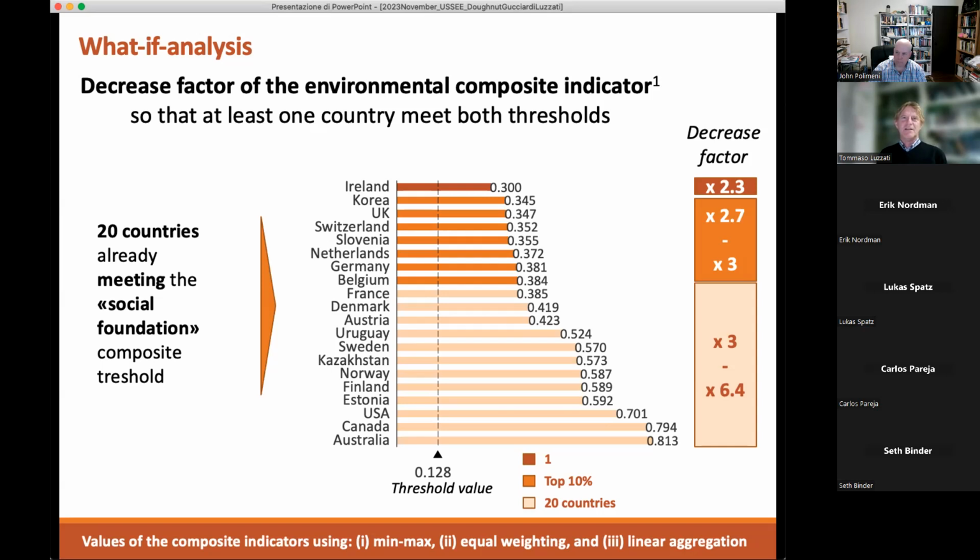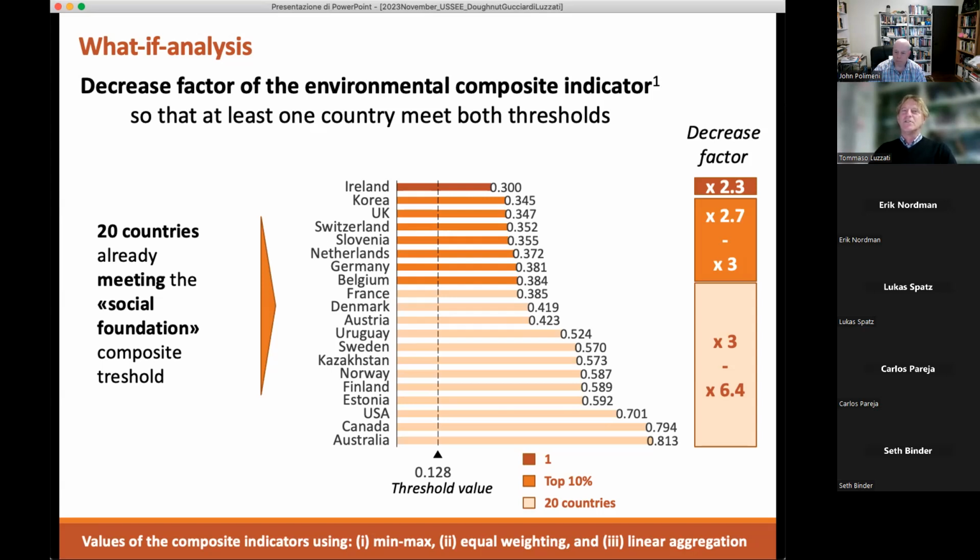In general, the purpose of the paper is that maybe we are too severe in judging countries by only counting how many indicators fall within the donut. So what if you are less severe and we allow for some compensation? My main aim was to answer this question.